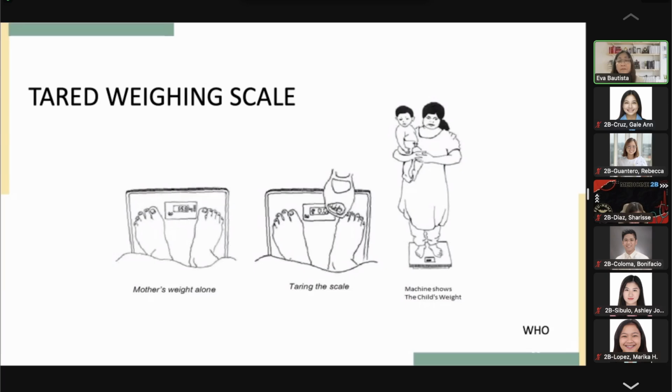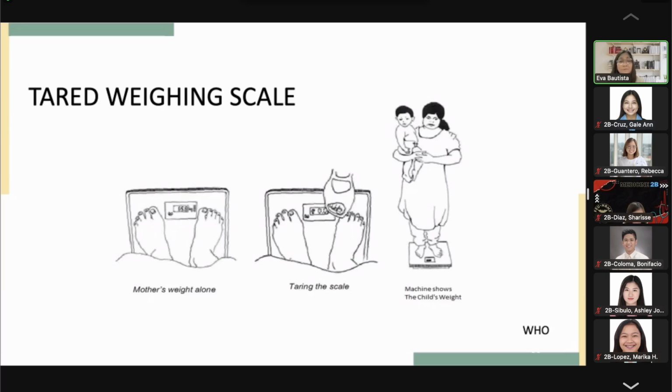But of course, if the mother is too heavy, for example, more than 100 kilograms, and the baby's weight is relatively low, let us say a newborn, then the baby's weight may not register on the scale.